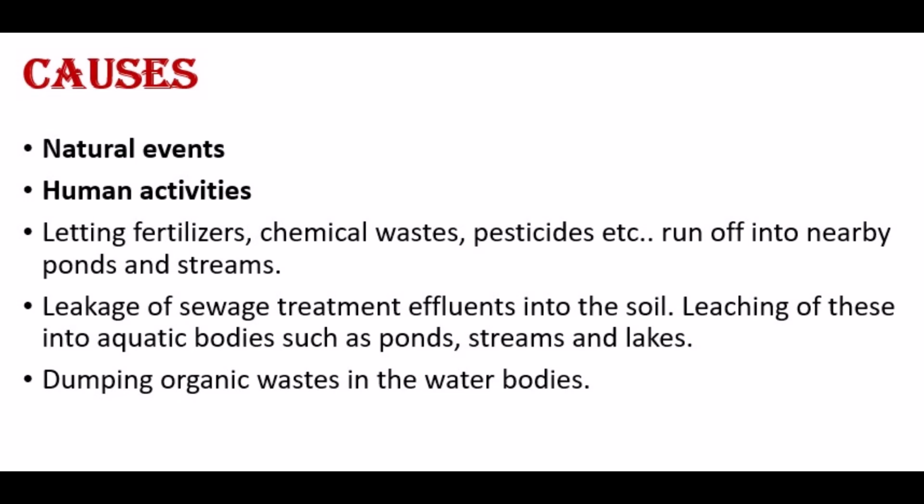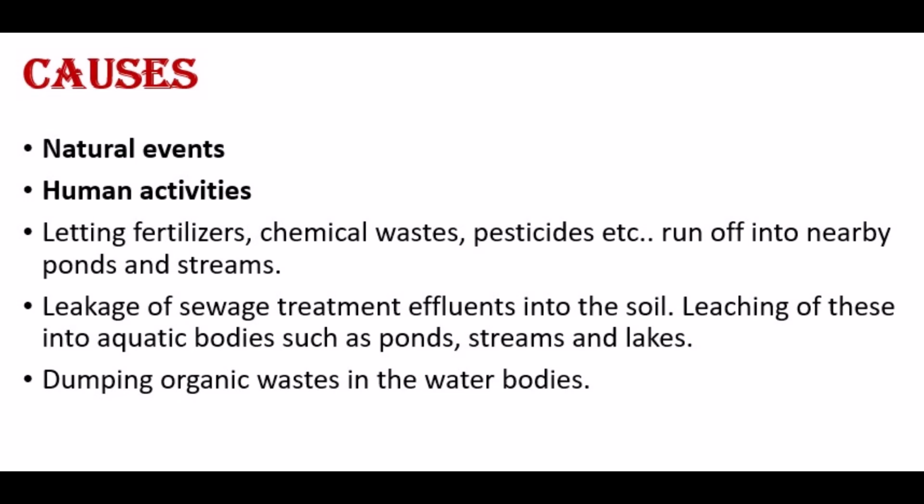Letting of fertilizers, chemical pesticides, waste, and other toxic effluents into the nearby pond or stream can pollute the water. Leaching of these pollutants into aquatic bodies such as ponds, streams, and lakes increases the nutrient content.